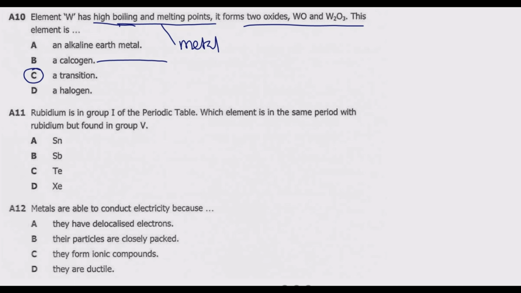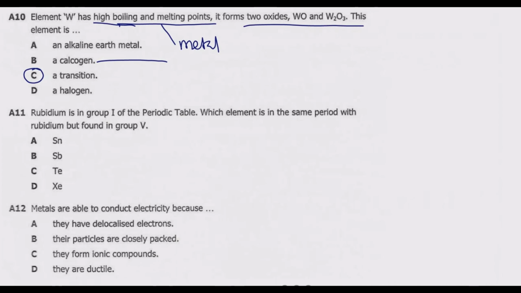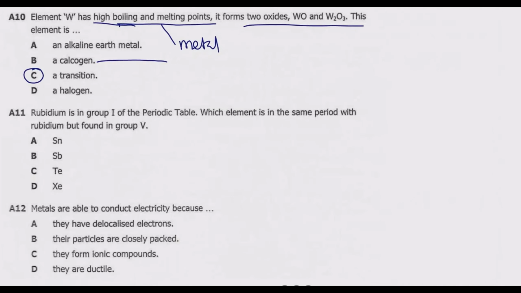These 4 elements are known as chalcogen elements. Then halogens, of course, you know these are group 7 elements. So this is how you answer question 10.